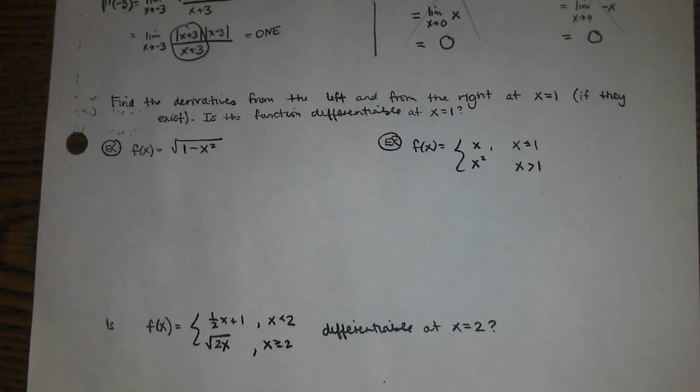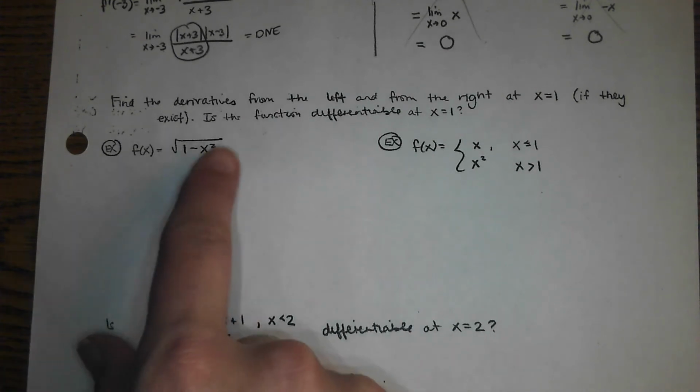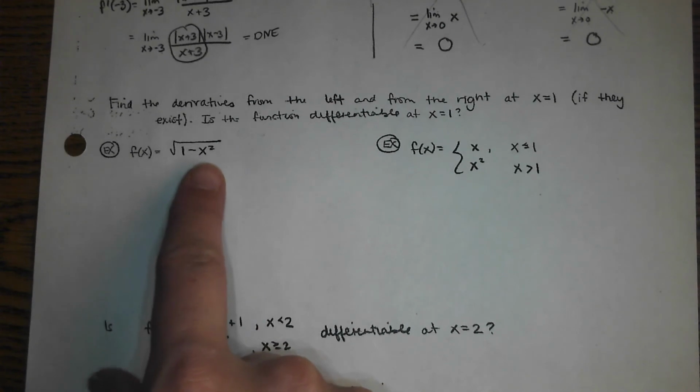Find the derivatives from the left and from the right at x equals 1, if they exist. Is the function differentiable at x equals 1? Now, if you blindly go into this without thinking about it, and you just want to find the derivative at 1, you could use the alternate form of the derivative. Yes? Okay.